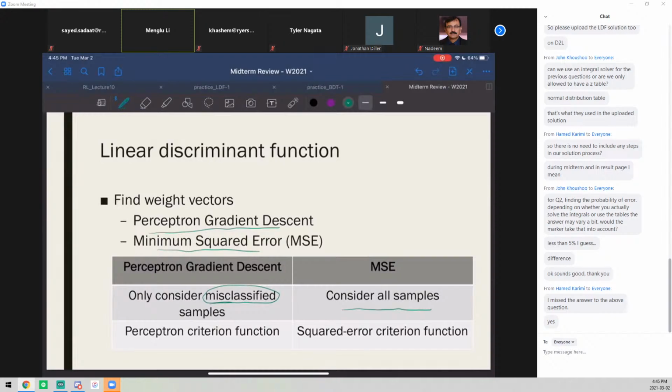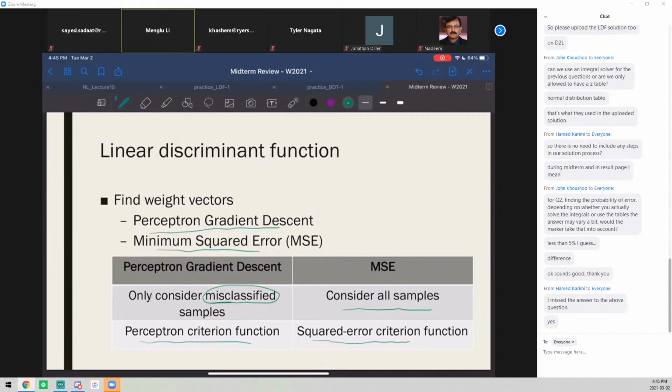The second difference is that perceptron gradient descent uses the perceptron criterion function, and the MSE uses the square error criterion function.